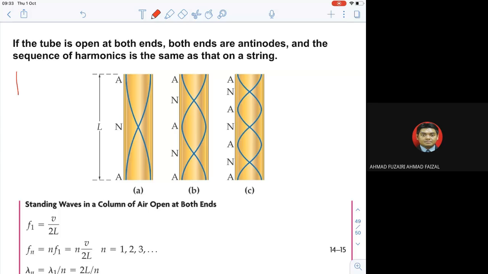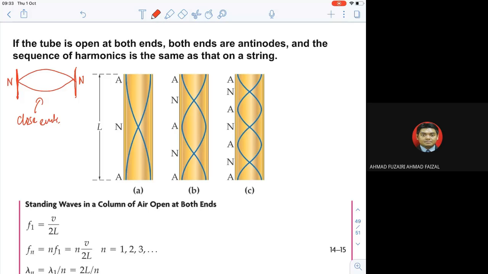If the closed end has a fixed point, meaning that at the end of the closed end you must draw a node point, regardless of how many antinodes, but near the end you must draw a node point. This is for the closed end. But for the open end, it's slightly the opposite of the closed end.